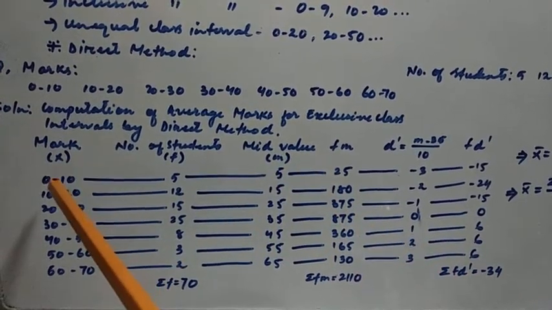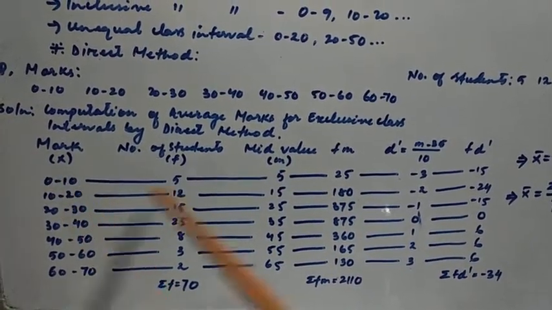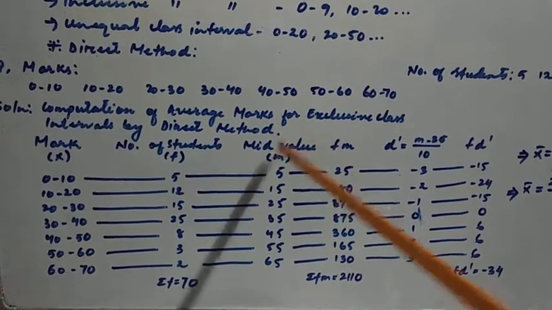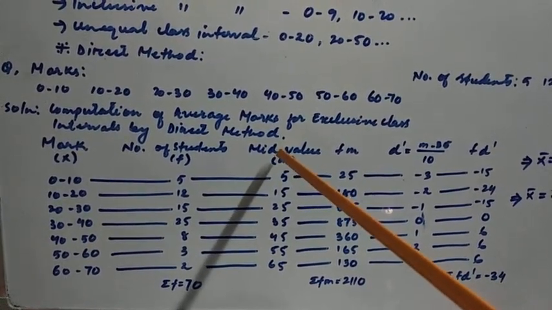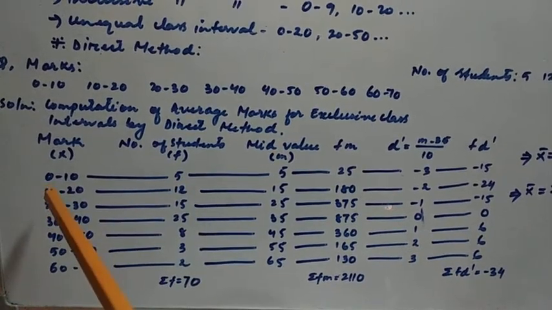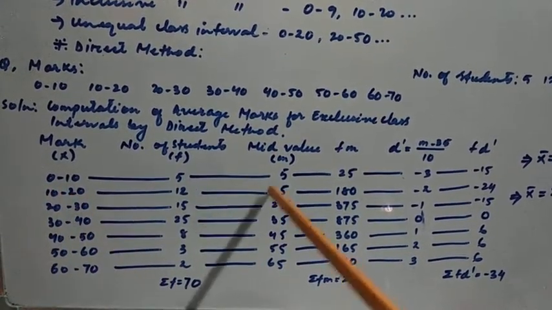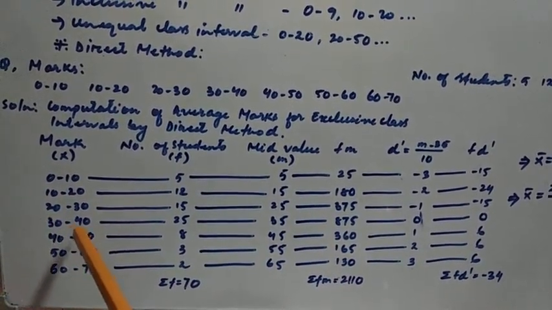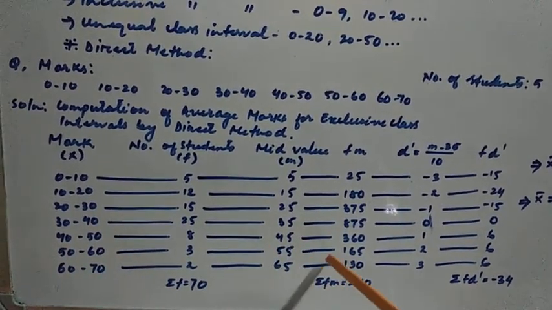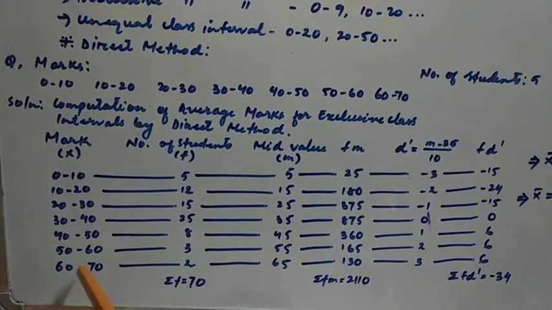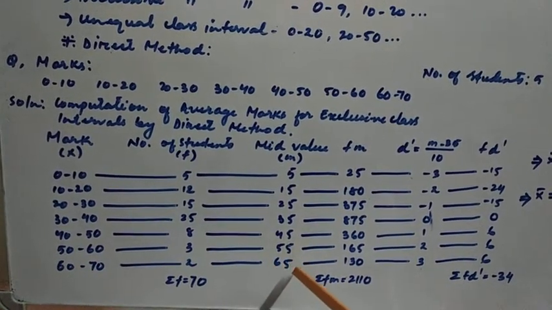The mid value of 0 to 10 is 5. Mid value means the middle point, the middle number. The midpoint of 10 to 20 is 15. The midpoint of 30 to 40 is 35, of 50 to 60 it is 55, and of 60 to 70 the midpoint is 65.